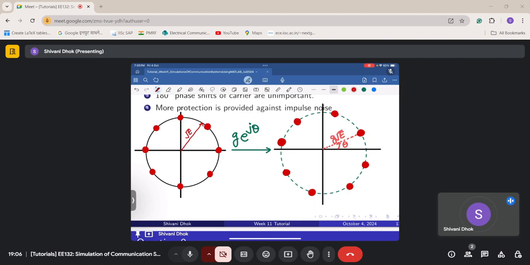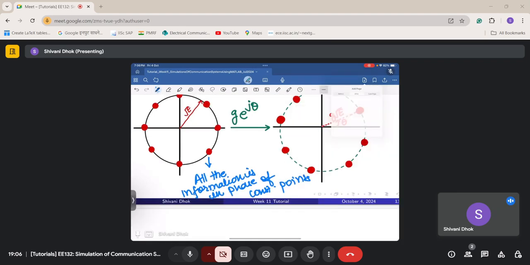But all the information is in the phase of the constellation points.